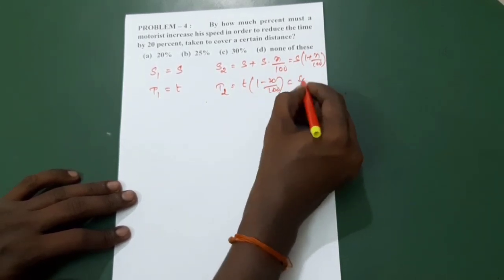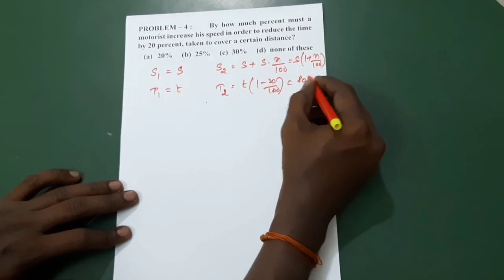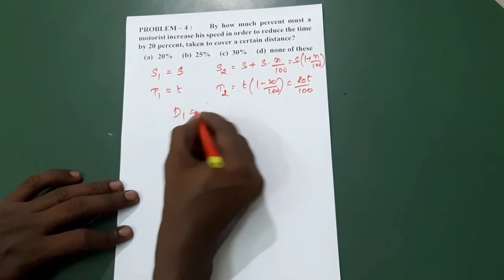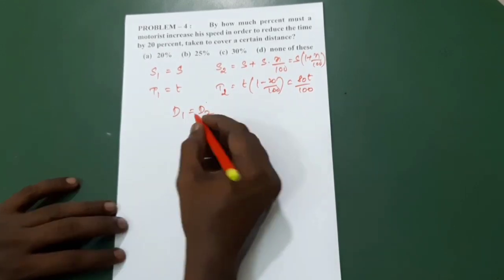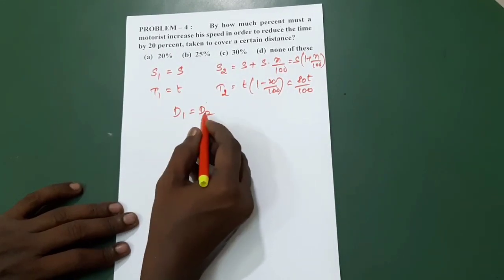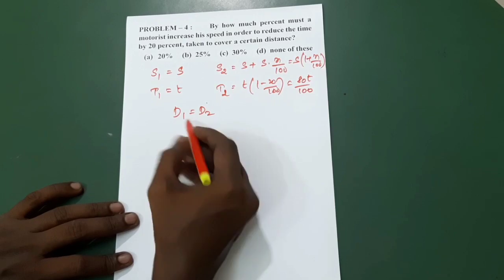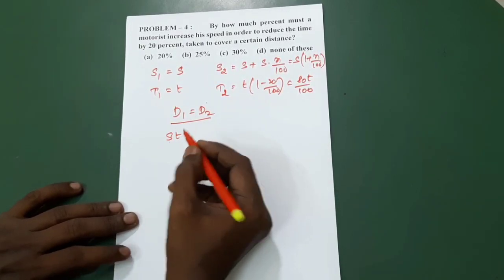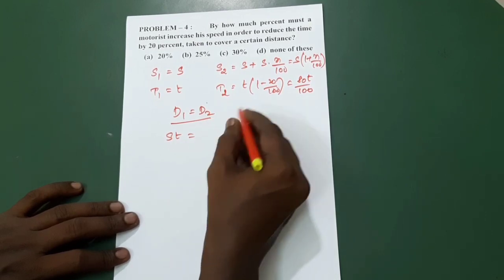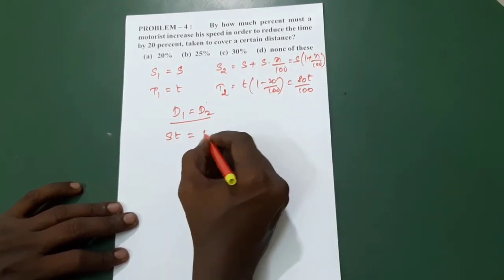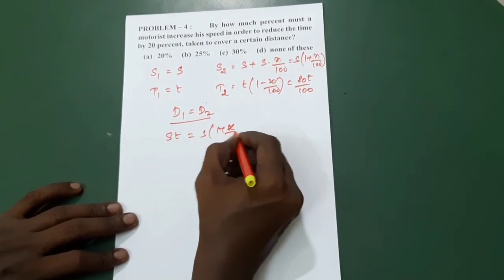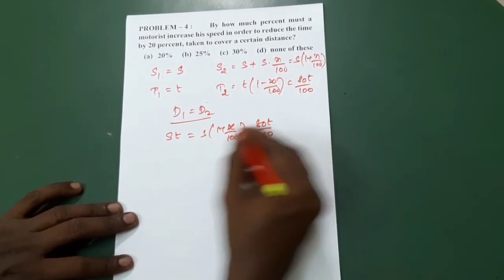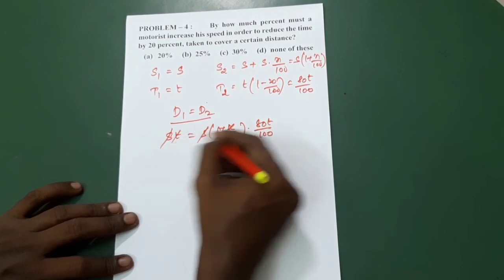So this is 80t divided by 100. Now the distance is the same, d1 is equal to d2, the same distance they are covering. So the formula is st is equal to s into 1 plus x by 100 into 80t by 100. So t gets cancelled.